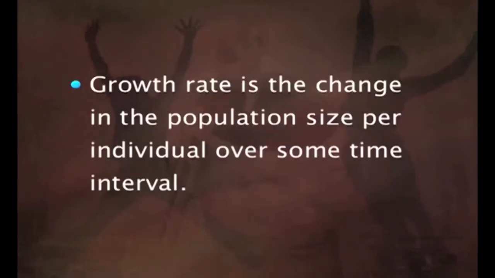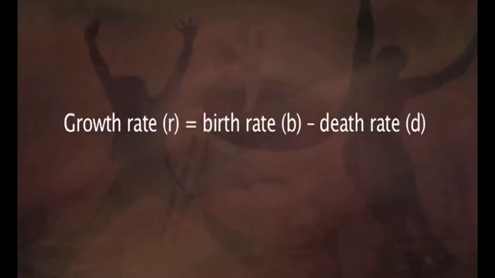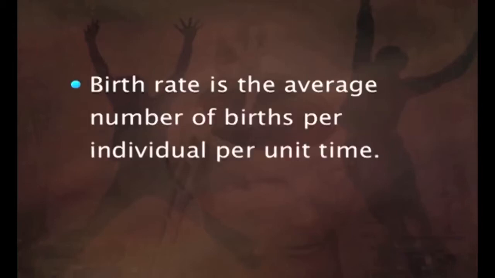Growth rate is the change in the population size per individual over some time interval. So, the equation that is given for growth rate is r equals b minus d, that is, growth rate is equal to birth rate minus death rate. Now, birth rate is the average number of births per individual per unit time.